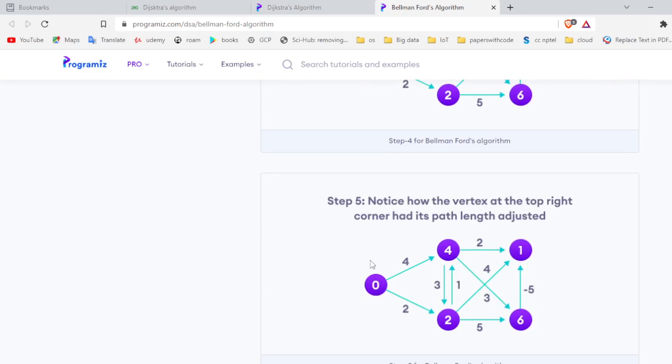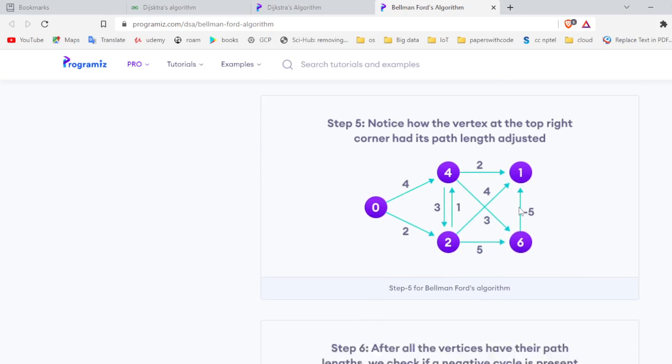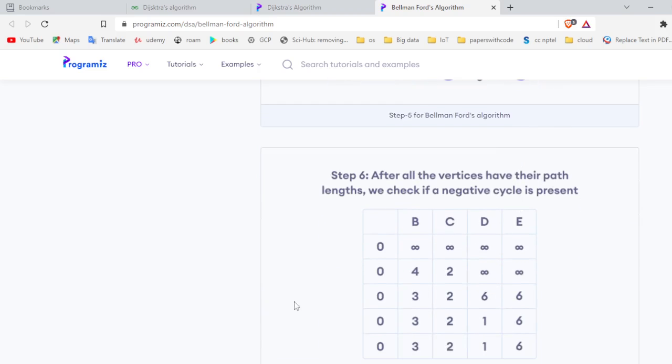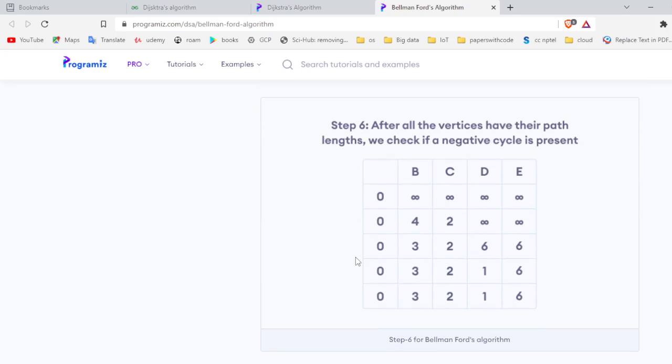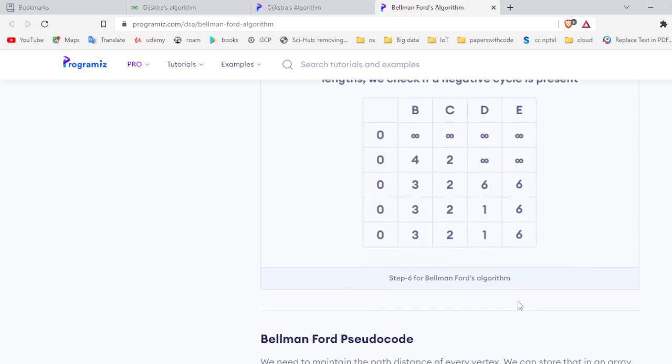So notice how the vertex at the top right corner had its path length adjusted. So this is the algorithm implementation. Initially we set infinity, and in each iteration we update the path length. Finally we have the shortest path, checking for negative cycles.